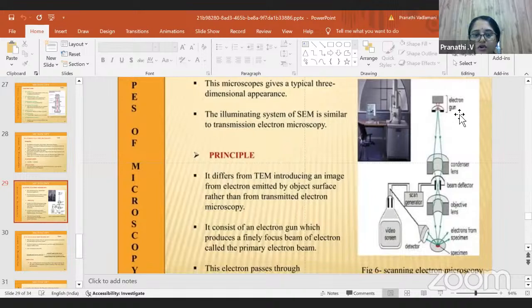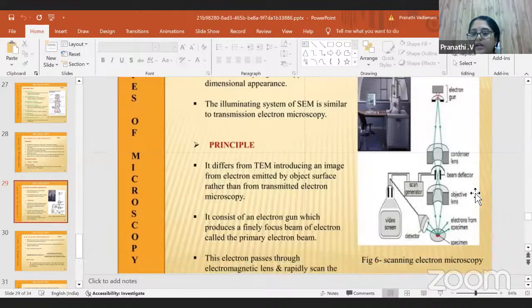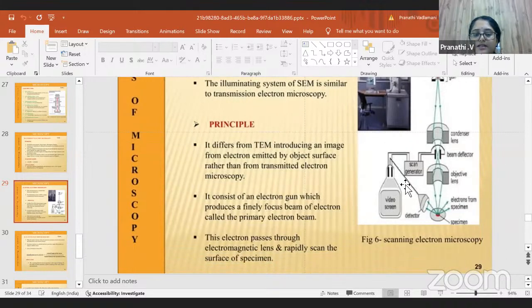So again, you have an electron gun, and this finally produces the beam of electrons. This is known as the primary electron beam, and it passes through the electromagnetic lens, and you're able to rapidly scan the surface of the specimen completely.